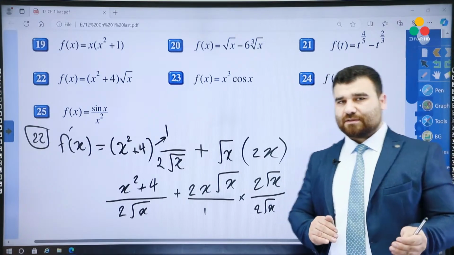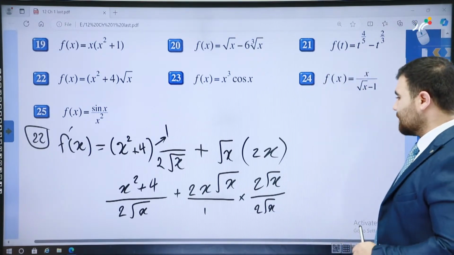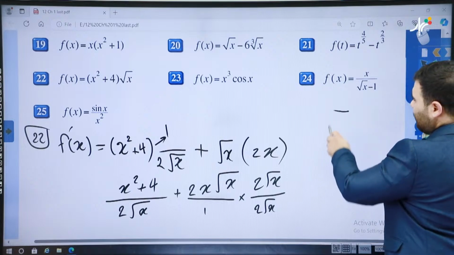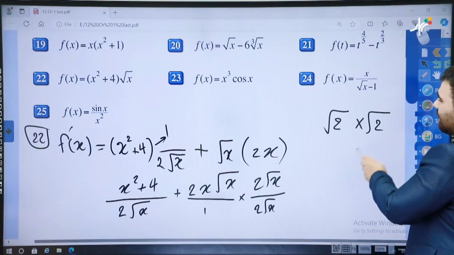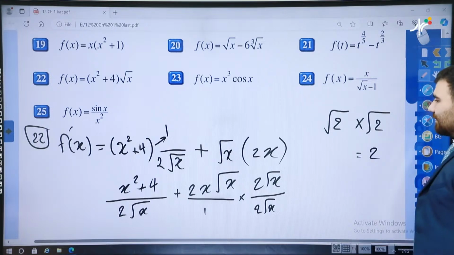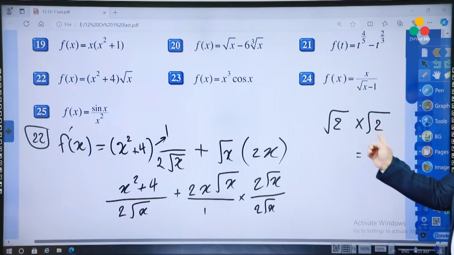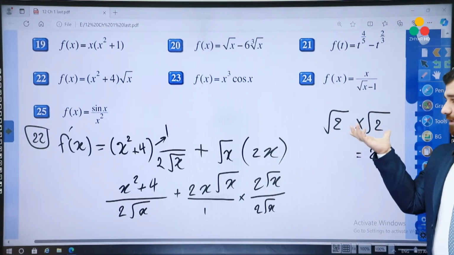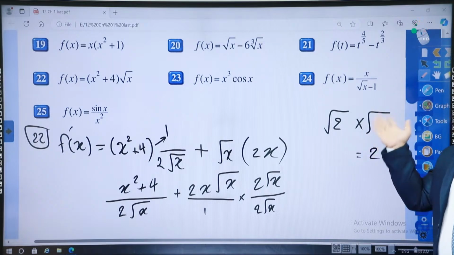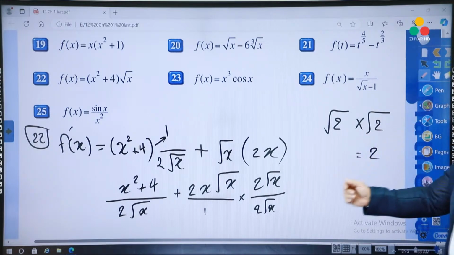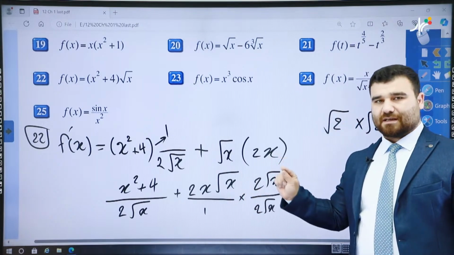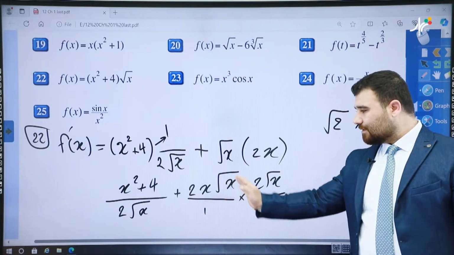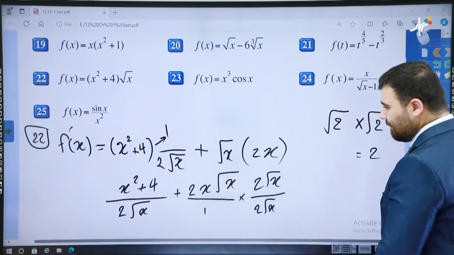The square roots will be cancelled. Then x times x is x squared. Use a calculator: what is square root 2 times square root 2? The result is 2. It means when you multiply the same terms under square root by each other, only the square root will be cancelled. So if I multiply square root x by square root x, the result is just x. If there is another x next to it, it can be multiplied.